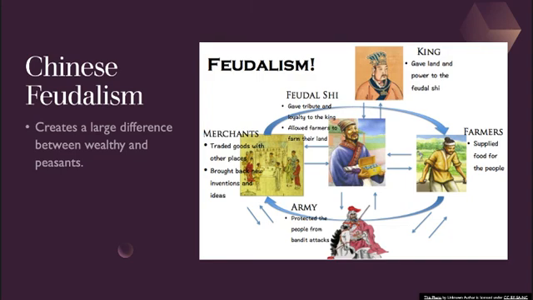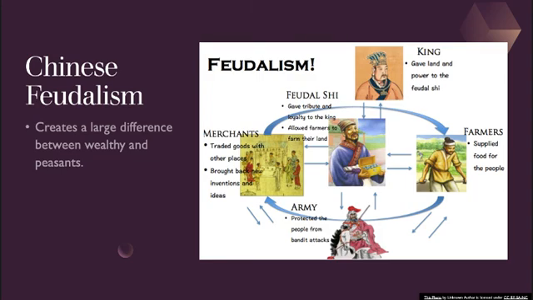Starts with a D. Democracy. What is our economic system? Capitalism. All right? And then in society, where you stand depends upon what? How much money you have. If you're upper class, you have a lot of money. If you're poor, you're at the lower class. That is the structure of our society.